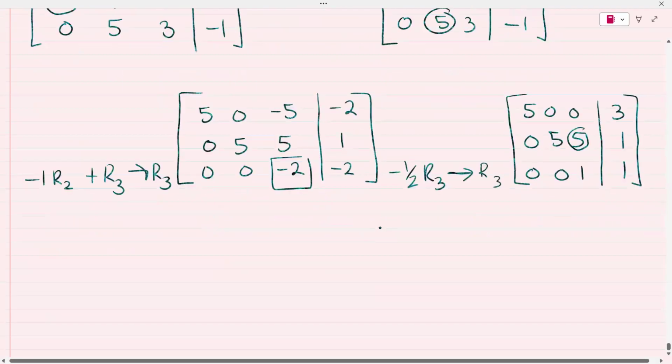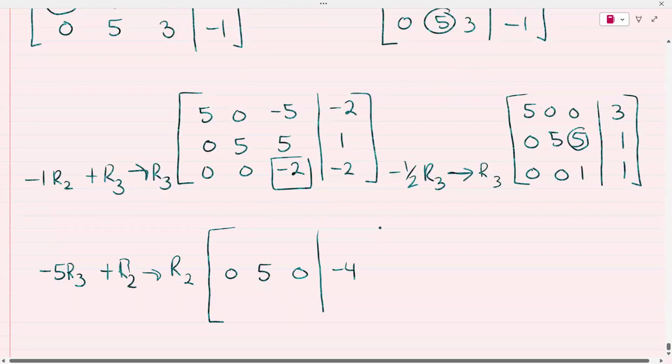I would have to do -5 row 3 plus row 2, and that will give us the new row 2. 0, 5, 0, and this is -4. This is 5, 0, 0, 3, 0, 0, 1, and 1.